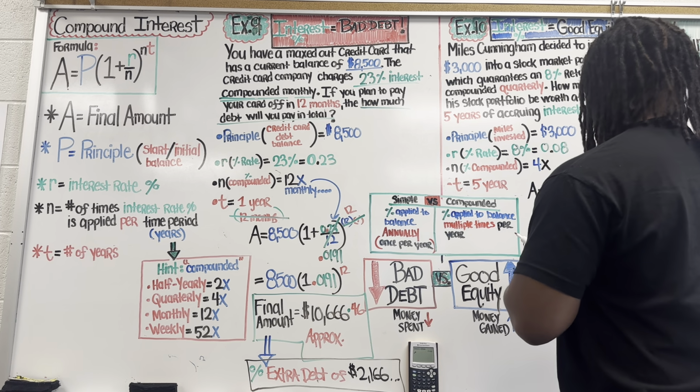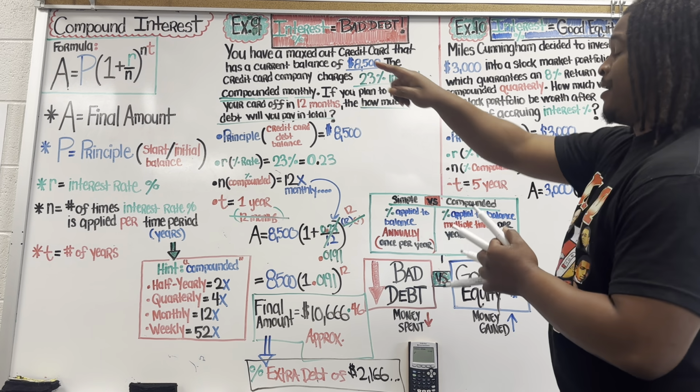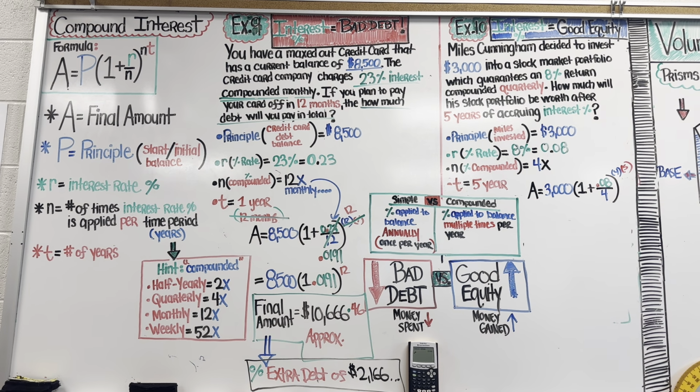Parentheses close, to the power of how many times it's compounded, which is 4, times how many years, which is 5.